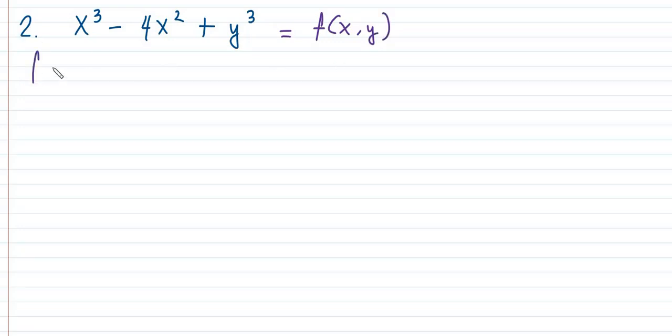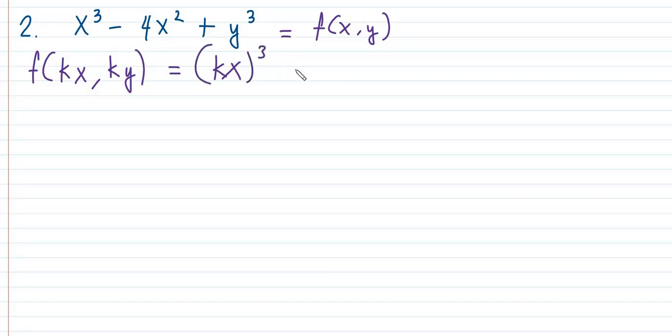Example number 2. Let's say I have x cubed minus 4x squared plus y cubed. Is this a homogeneous function? This is my f of xy. I will obtain f of kx, ky, and it will now be quantity kx cubed minus 4 times quantity kx squared plus quantity ky cubed.